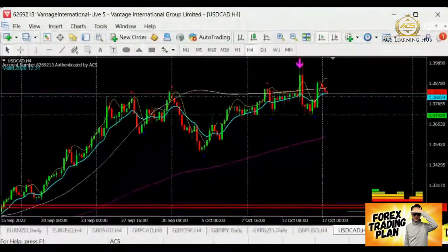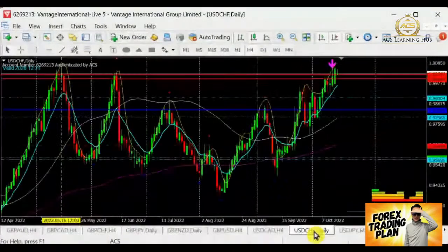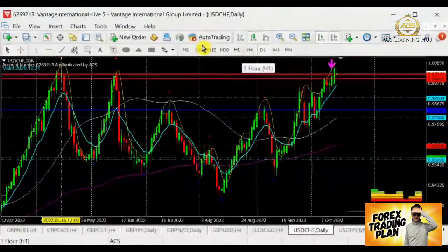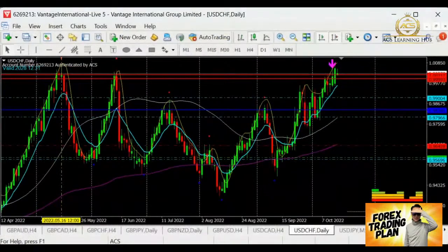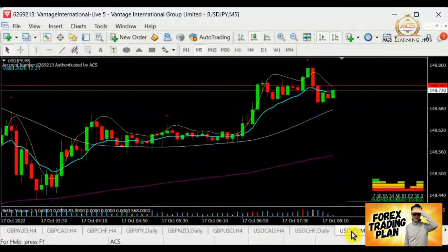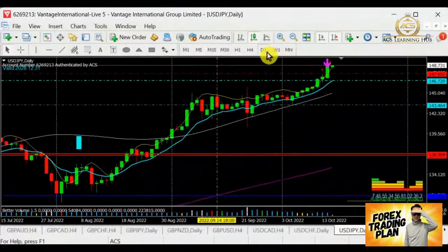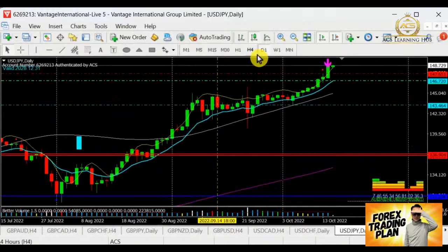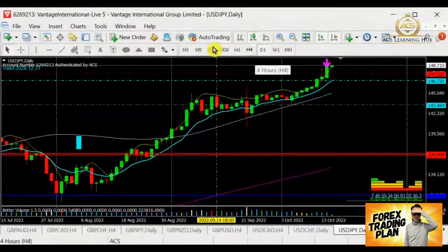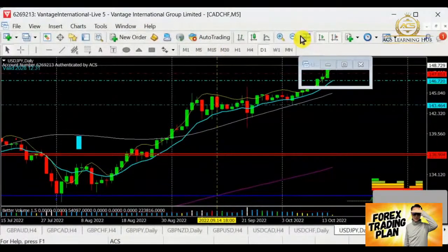For dollar franc, very straightforward, it is in the bull. So I'm not looking for any selling yet. I'm looking for buying. Buyers can take note. For dollar yen, very straightforward. We are now on the 148.7. Over here, buying is still possible for dollar yen.